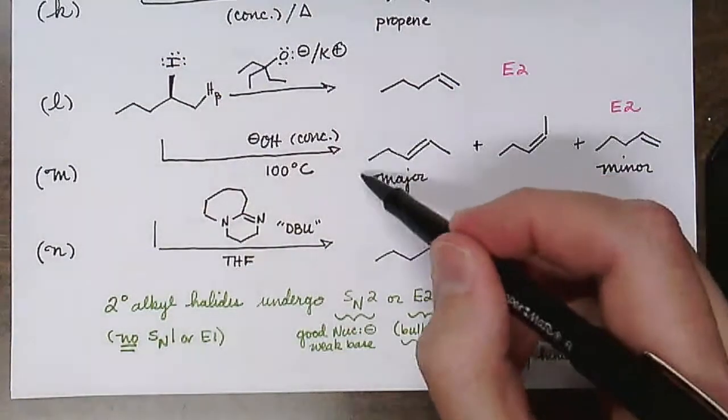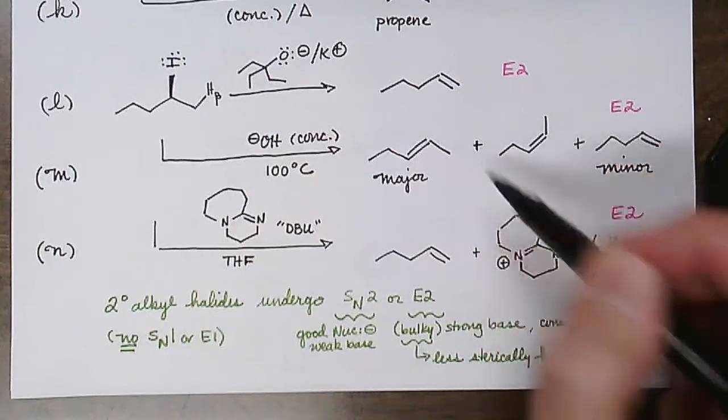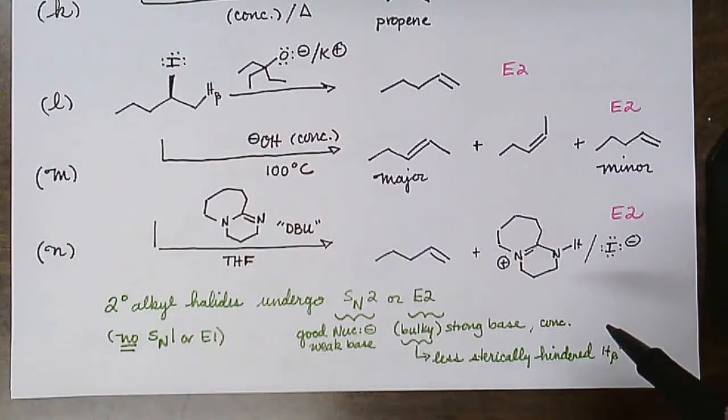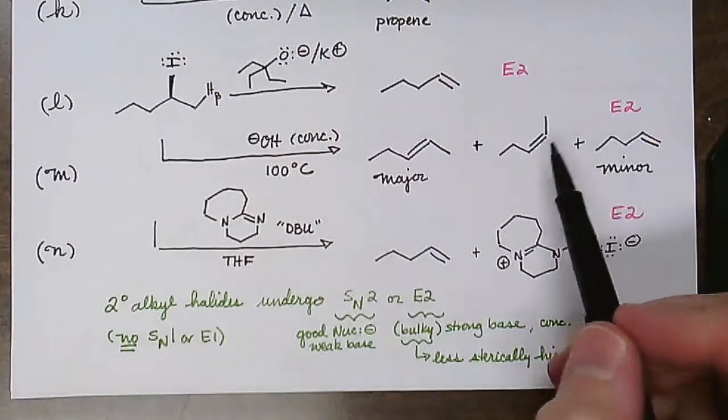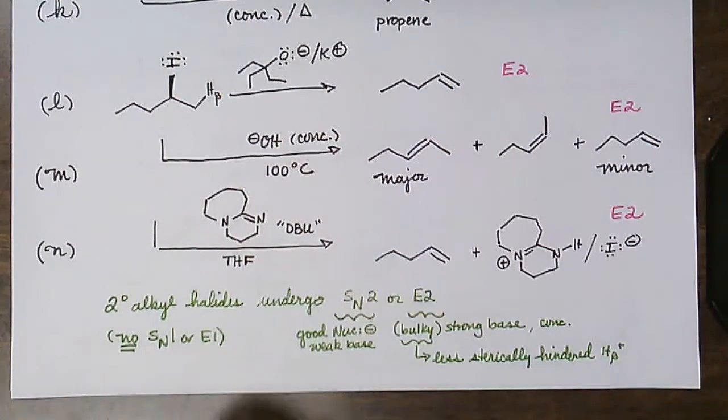So here we have the two larger ethyl and methyl groups on opposite sides of the carbon-carbon double bond, the E isomer, which is more substituted and therefore more thermodynamically stable, followed by the Z isomer, and then lastly the minor isomer would be the mono-substituted 1-pentene.